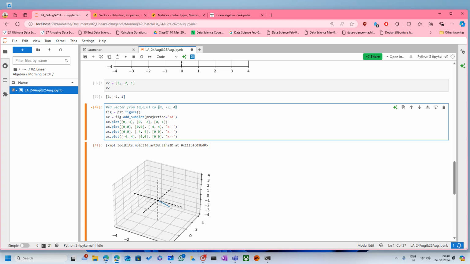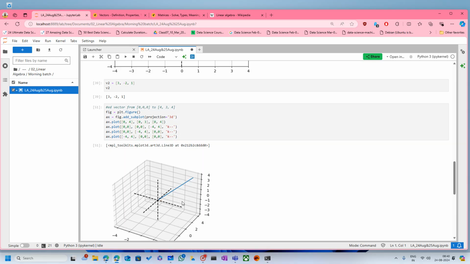If we get in the first octant, it will help. Okay, let's make everything positive then. So let's just say 4, 3, 4, something like this.